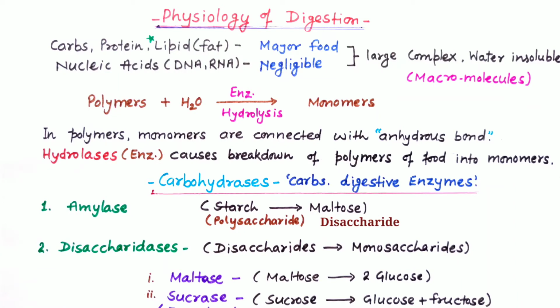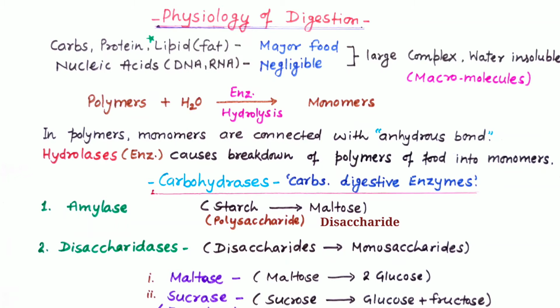Now one by one. First we discuss carbohydrate digestion. There are 3 types of carbohydrates: polysaccharide, oligosaccharide, and monosaccharide. Polysaccharides are converted into oligosaccharides, and oligosaccharides are converted into monosaccharides.